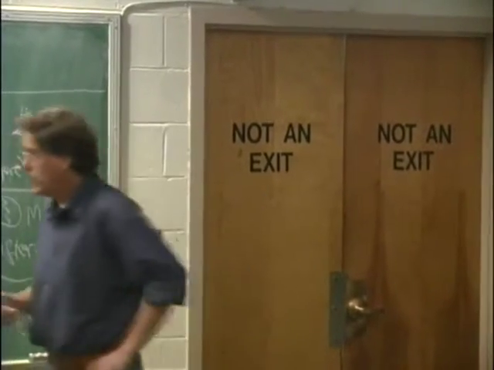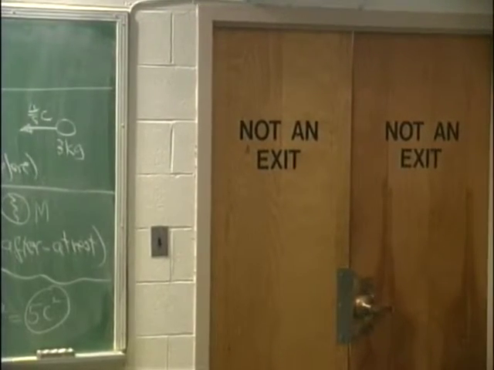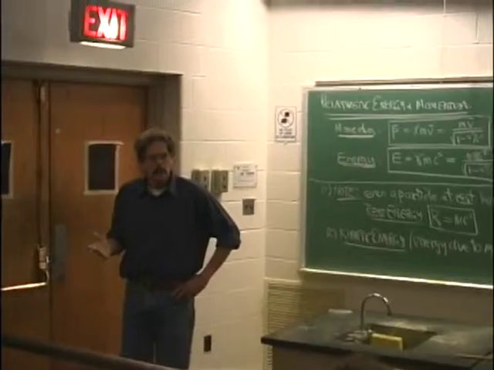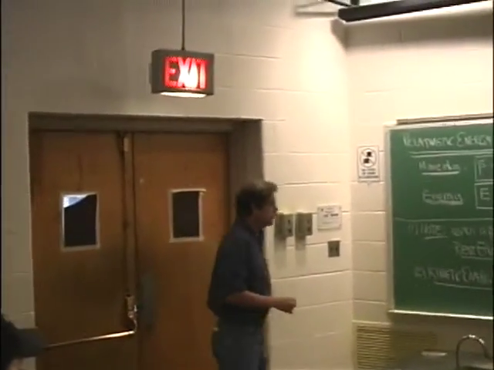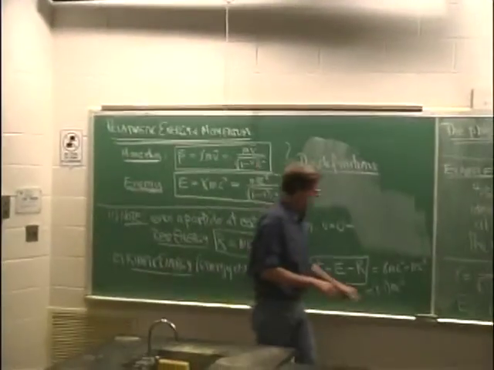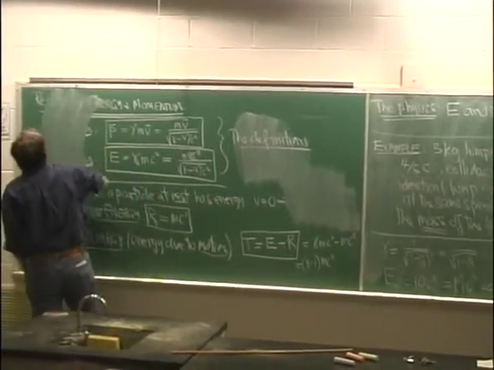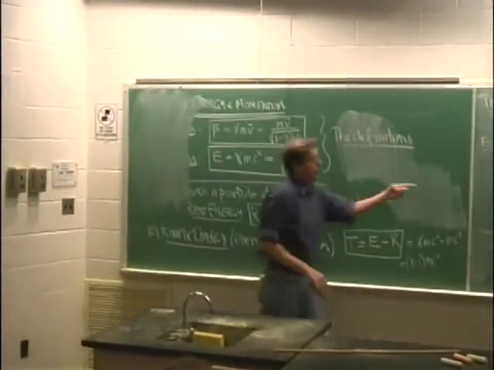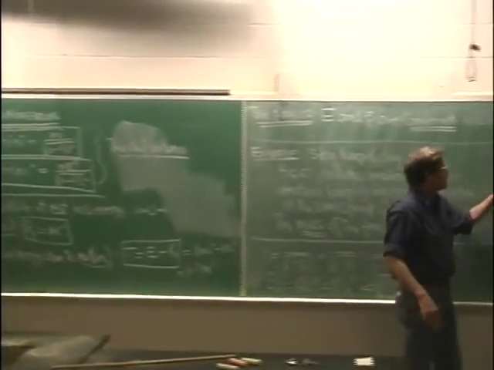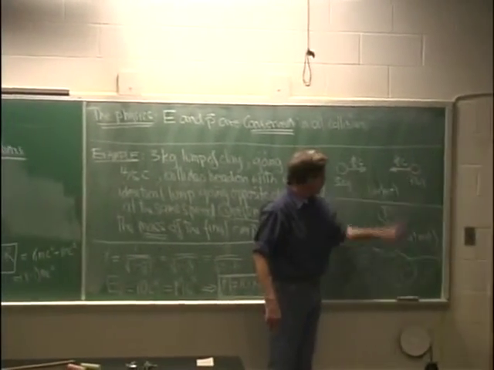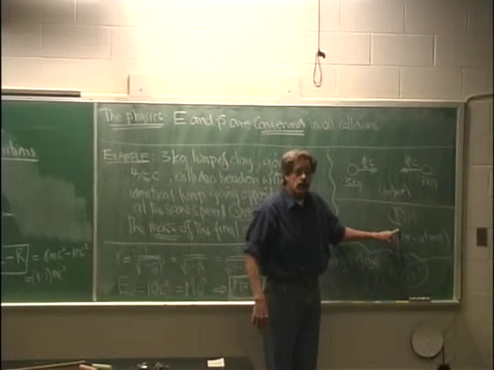But I don't suppose you sell newspapers by saying in the atomic bomb, rest energy was converted into kinetic energy. It sounds much nicer, more impressive, if you say mass was converted into energy. It irritates me. In this problem, kinetic energy, these two had a lot of it, was converted into rest energy.